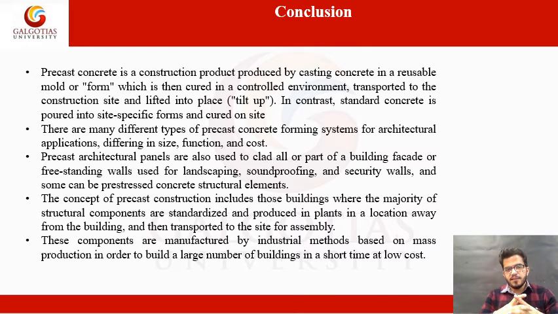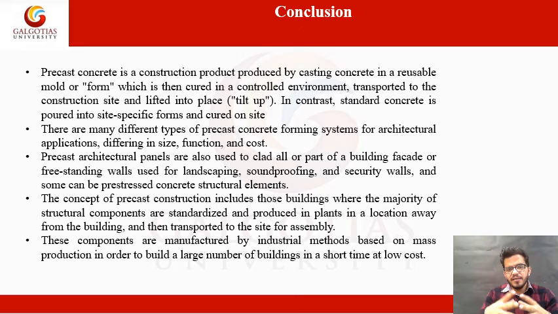So concluding the lecture, precast concrete is a construction product produced by casting concrete in a reusable mold or form, which is then cured in a controlled environment, transported to the construction site, and lifted into place, all tilted up. In contrast to standard concrete, which is poured in specific forms on site and cured on site, which takes a lot of time and labor.